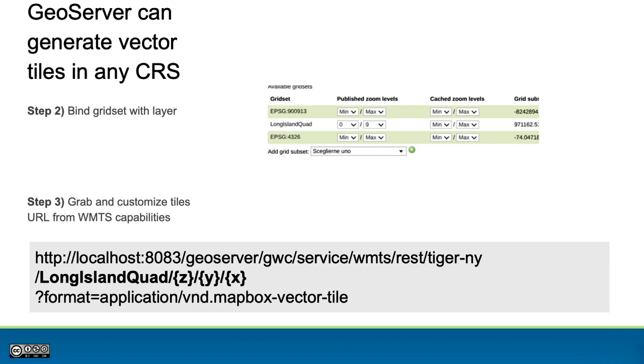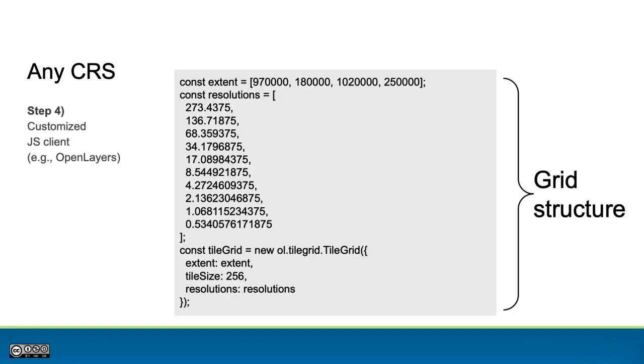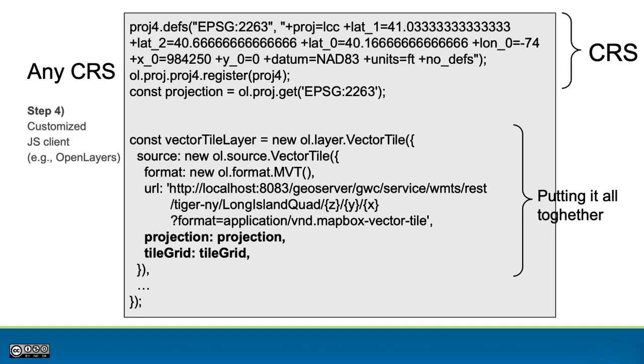Step 3, they're going to do that URL copy and paste trick like I talked about. And then they're going to start to configure their JavaScript client. So here they've defined the zoom levels that correspond with that grid set, and they're defining a tile grid with the correct resolutions. They're defining the right proj definition, and they're configuring OpenLayers to put it all together.